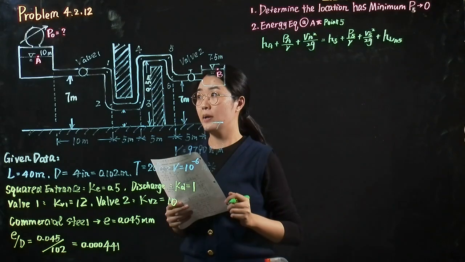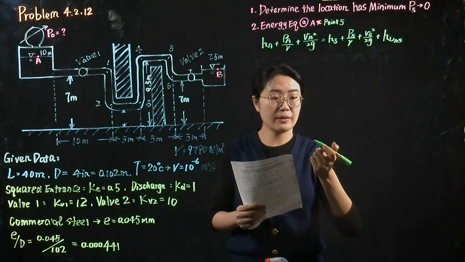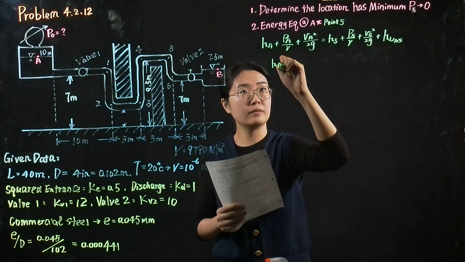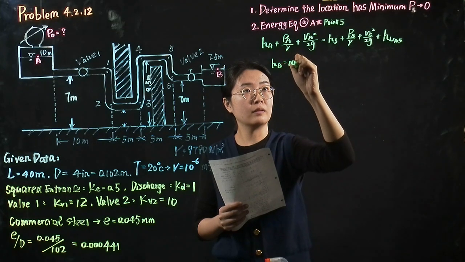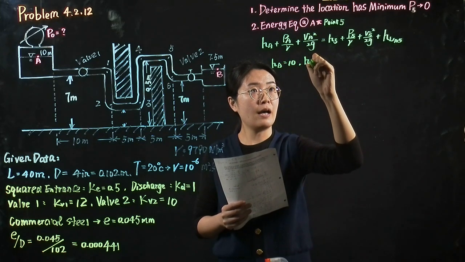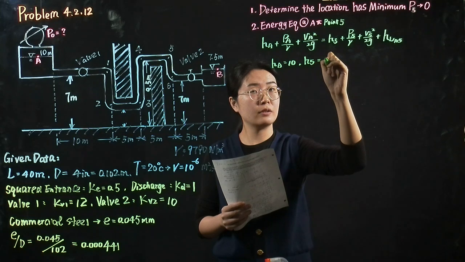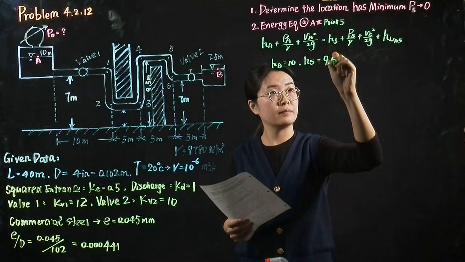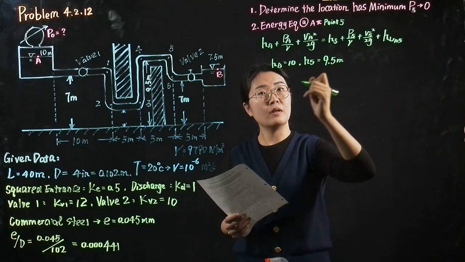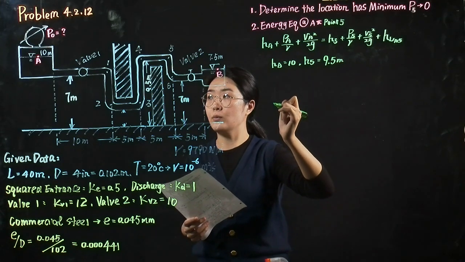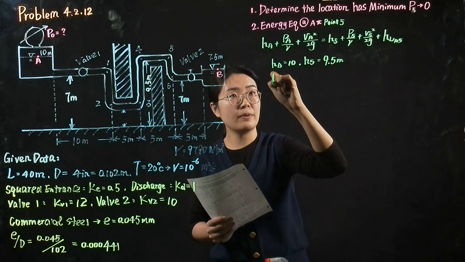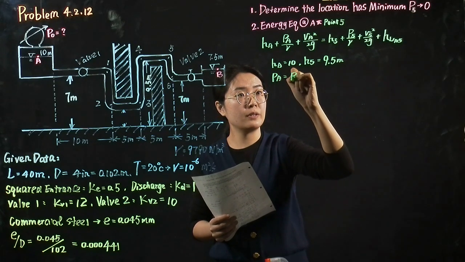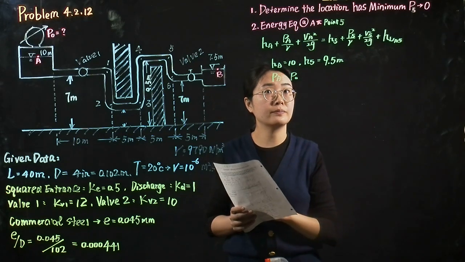The height at point A is given, which equals 10 meters. The height at point 5 equals 9.5 meters. Because point A is at the water surface, the pressure at point A equals P sub 0.